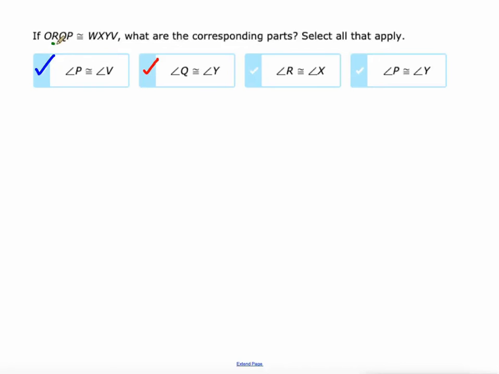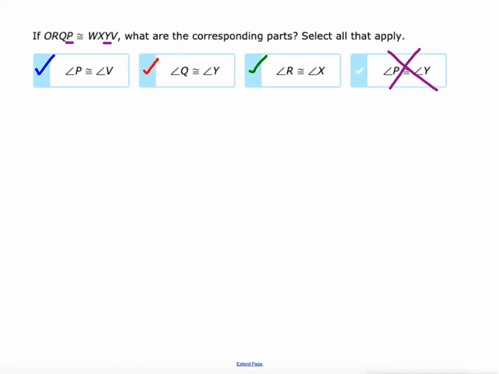R and X, those are both the second angles, so those are corresponding to each other. And lastly, P and Y. Nope, not the case, because P is the fourth point listed and Y is the third point listed, so those are not corresponding to each other.